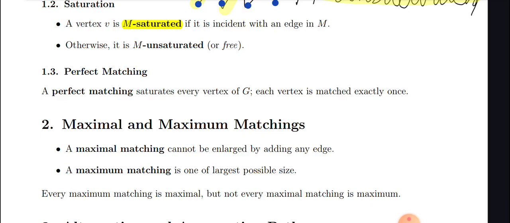It's a matching M that you cannot enlarge by just adding any single edge that's currently not in M. So you can't just stick one more edge in there. You can't. Any attempt to add a new edge would immediately break the exclusivity rule because that new edge would have to touch a vertex that's already saturated by your matching M. So it's stuck in its current state. It's a local dead end. Precisely. But, and this is the key, that doesn't mean it's the biggest one possible. It's just a local optimum.